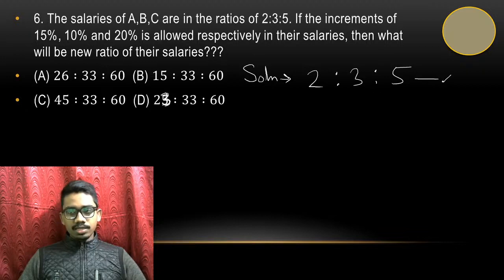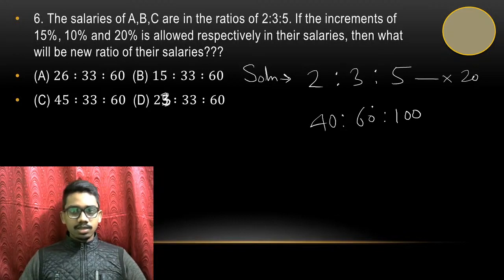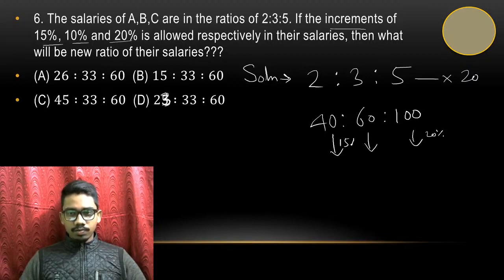If I multiply this by 20, this will be 100, this will be 60, and this will be 40. Then it is saying in the question, the increment is by 15%, 10%, and 20%.